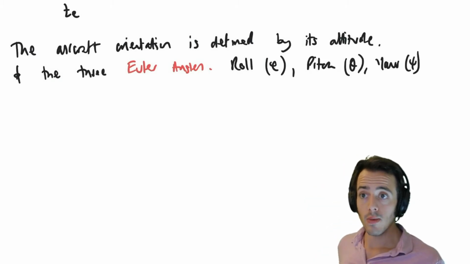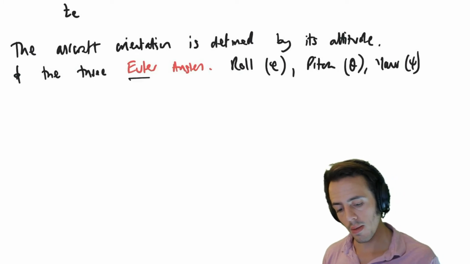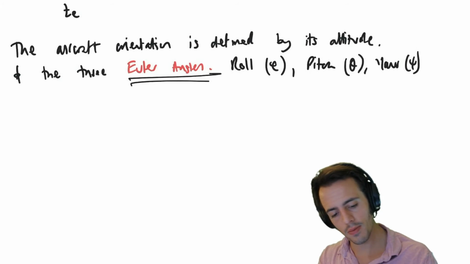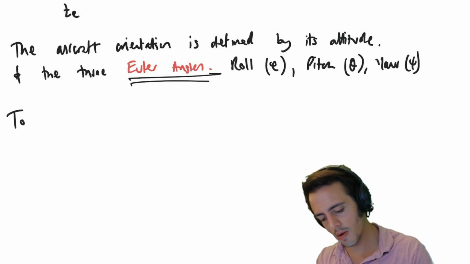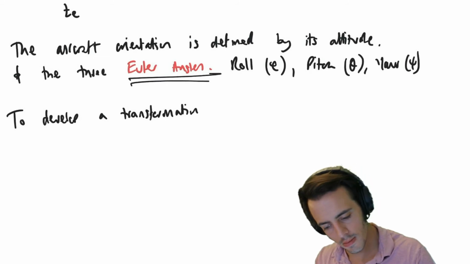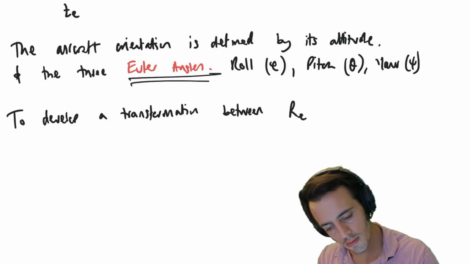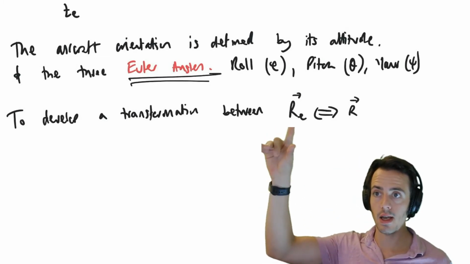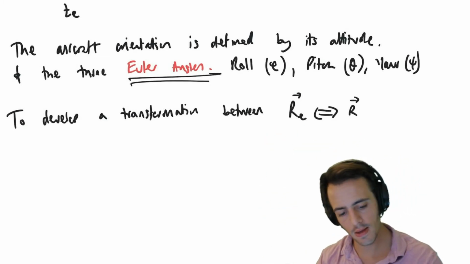So the way that we're going to convert in this course is by using something called the sequence of rotation, which is Euler angles. There's other means that we can do this. So to develop a transformation, this is the transformation between any vector in earth axes and any vector in body axes.